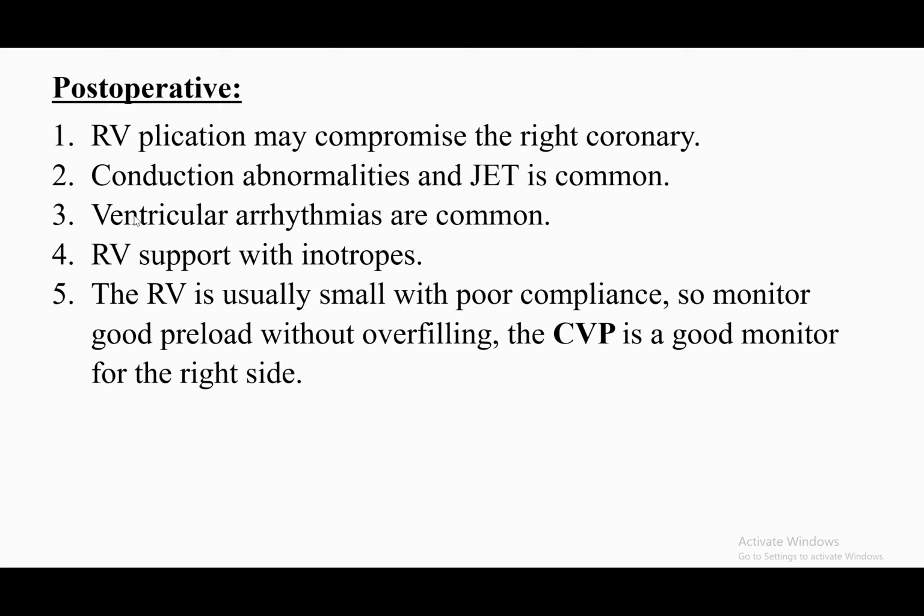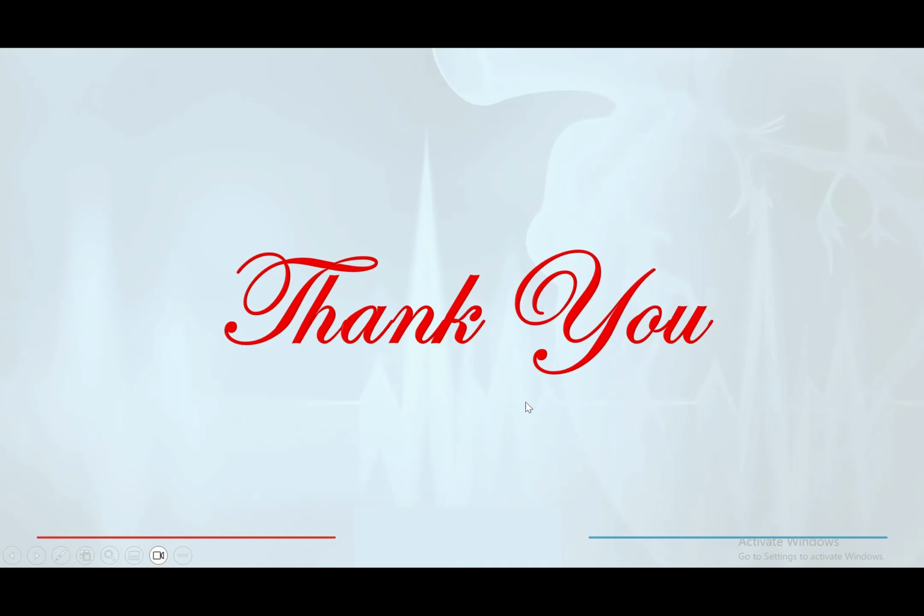Ventricular arrhythmias are common. RV support with inotropes. The RV is usually small with poor compliance, so monitor good preload without overfilling. The CVP is a good monitor for the right side, and we may tolerate some hypotension, but to avoid the RV failure. Thank you.